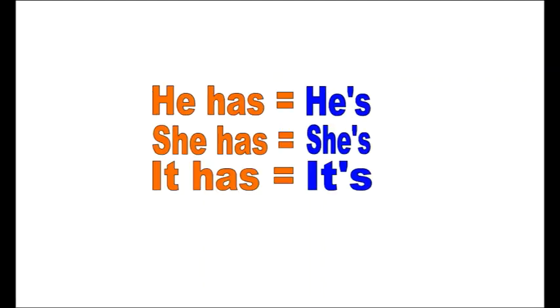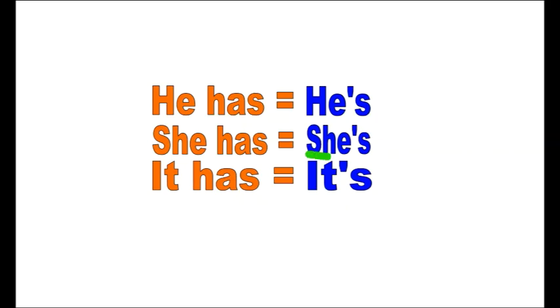Now, look at the set of pronouns he, she, it. It is taking a different form from the last set that we have looked at. We can see this is he has, she has, it has. In contracting this, you write he, take away the first two letters in has, and write apostrophe s.